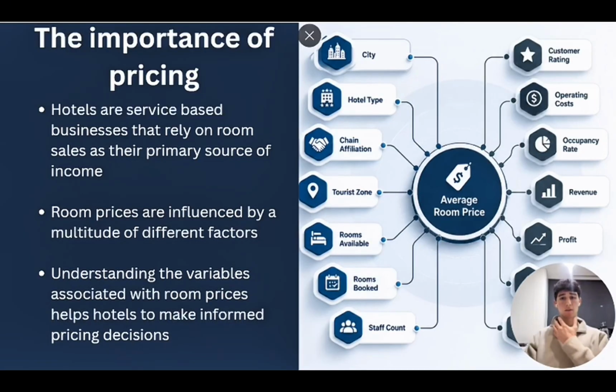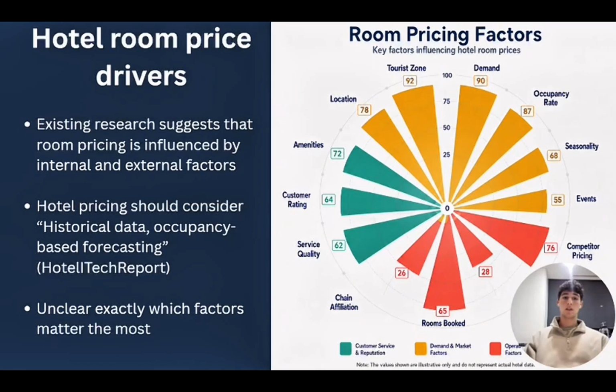Room prices are influenced both by internal factors such as service quality, staffing, customer ratings, and operating costs, and external factors such as location, tourist zone, seasonality, and demand. This is why it's useful to examine pricing through both internal and external factors.